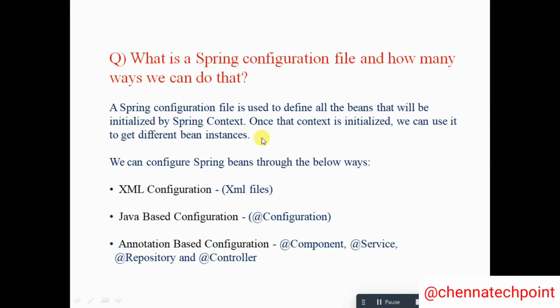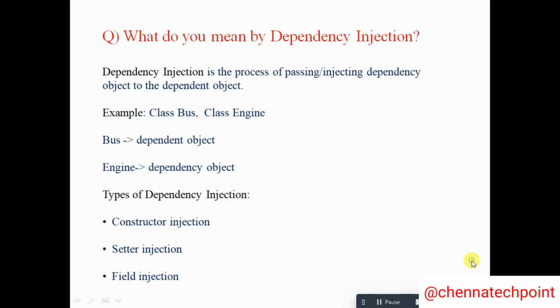One is XML based configuration. Second one, Java based configuration. Third one, annotation based configuration. In XML configuration, we use XML files. In Java based configuration, we use @Configuration. In annotation based configuration, generally we use @Component, @Service, @Repository and @Controller.